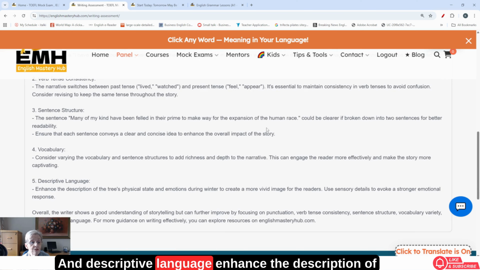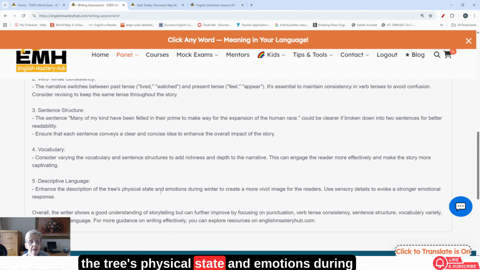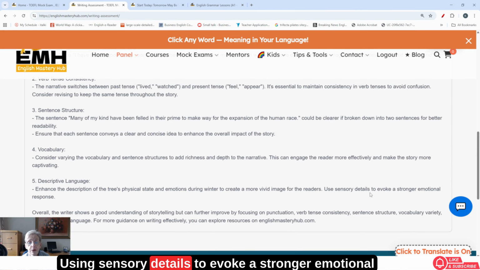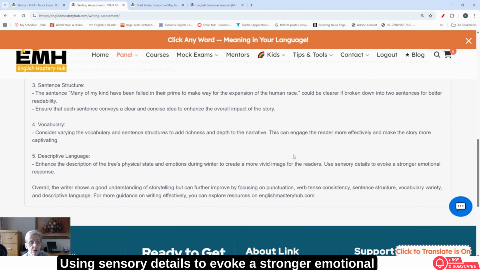And descriptive language, enhance the description of the tree's physical state and emotions during winter to create a more vivid image for readers. Using sensory details to evoke a stronger emotional response.